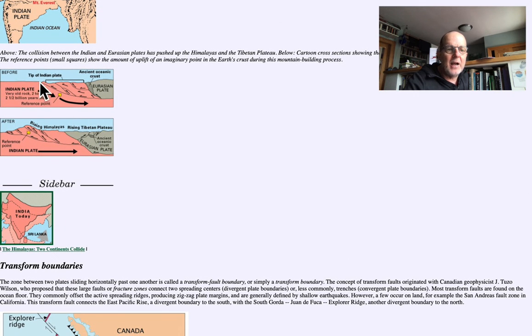And this is a little diagram before and now after, as the plates collide, riding under, pushing up rock, which becomes a rising Himalaya and rising Tibetan plateau, but of different rocks. This is the South Asian rocks, and these would be your Eurasian.